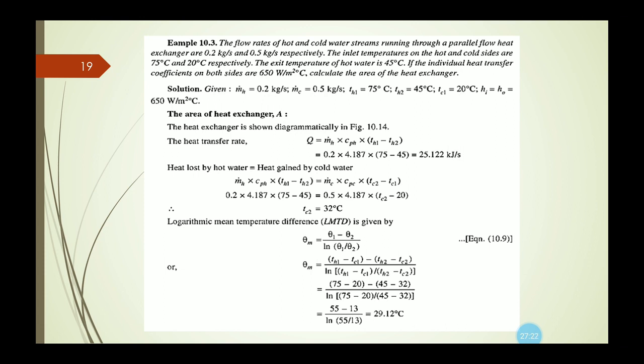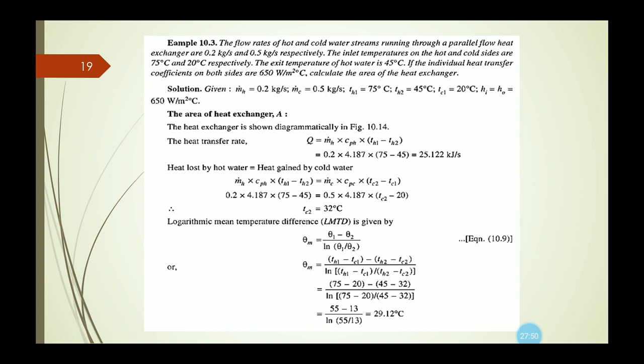The inlet temperatures on the hot and cold sides are 75 degrees centigrade and 20 degrees centigrade respectively. The exit temperature of hot water is 45 degrees centigrade. If the individual heat transfer coefficients on both sides are 650 watt per meter square degree centigrade, we need to calculate the area of the heat exchanger.